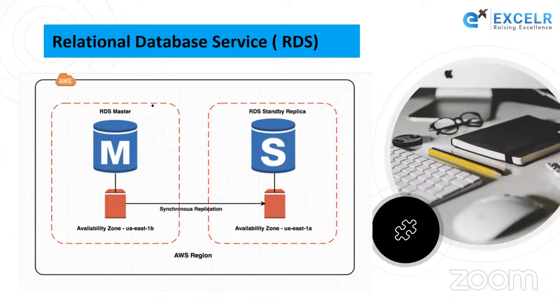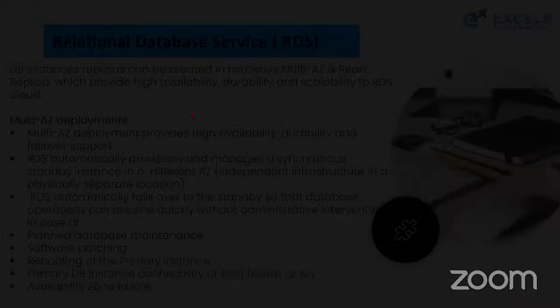Now, how is it done? In this case, you will have a master database, and there will be another instance of your database, which is called the standby database. At any given point of time, this master database will be the one which is used by the application. What are the features? We will see that.